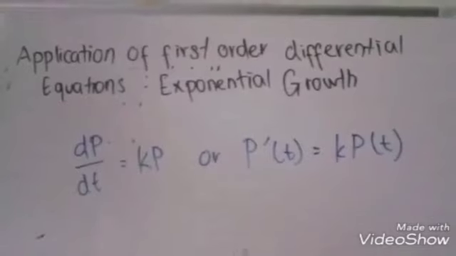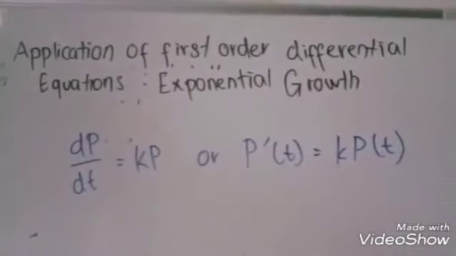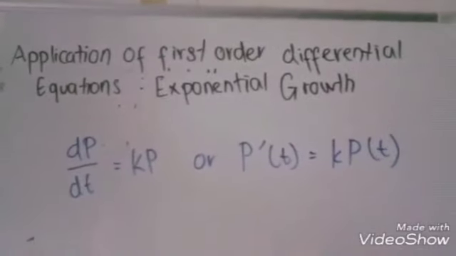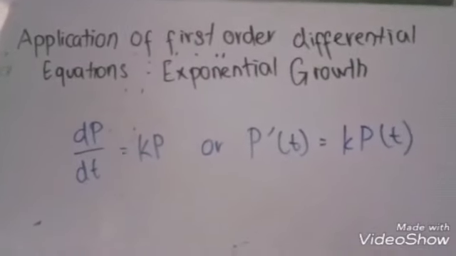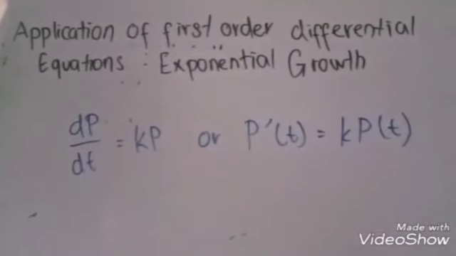This models exponential growth, which means the rate of growth is proportional to the population or amount. This can also be used to model continuous interest.